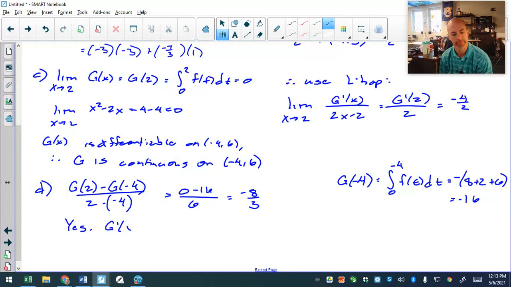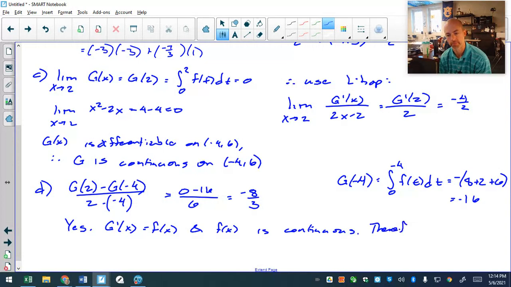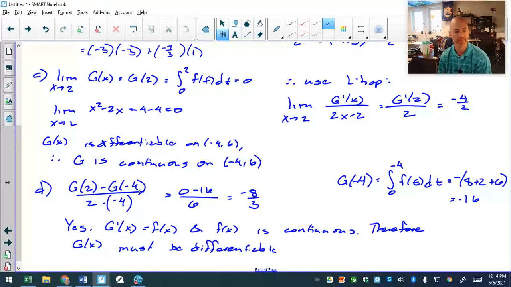Because g prime of x is equal to f of x, and f of x is continuous. Therefore, g of x must be differentiable, and we are specifically looking at the interval negative 4 to 2.